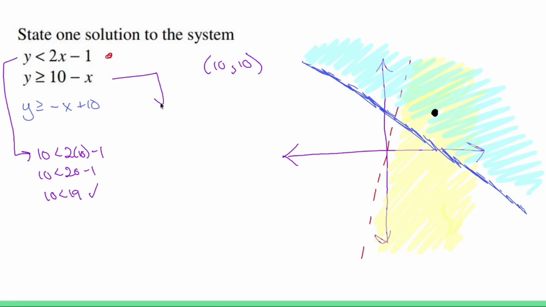If I were to try the other one, I would have 10 is greater than or equal to 10 minus 10, which is saying 10 is greater than or equal to 0, which is also a true statement. So 10, 10 works. I drew myself a very basic sketch, and by doing that I was able to get a general idea of where points should live. I chose 10, 10 because of the ease of the numbers, and 10, 10 worked just fine.